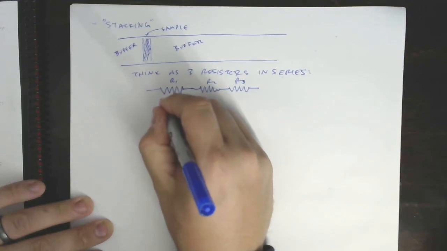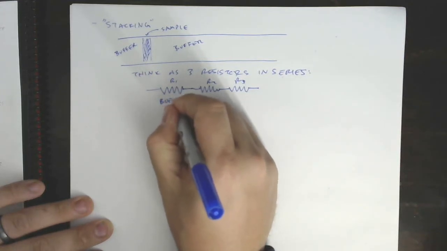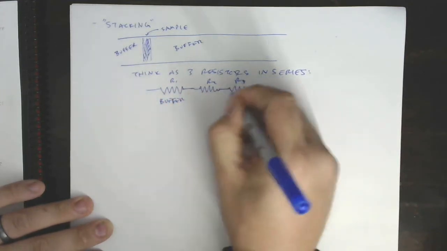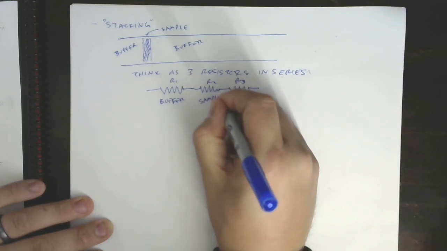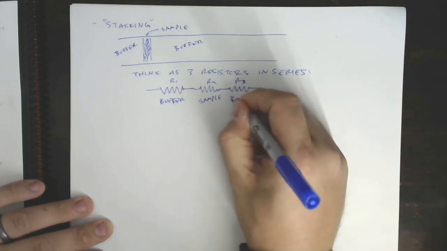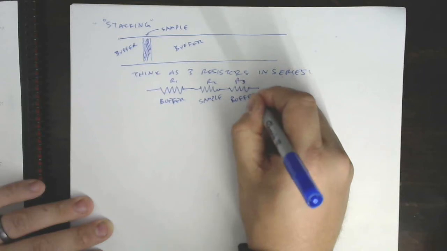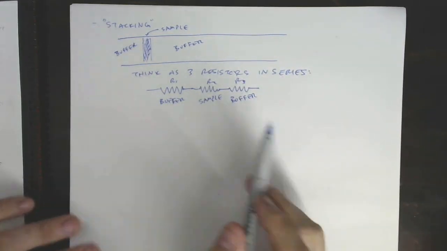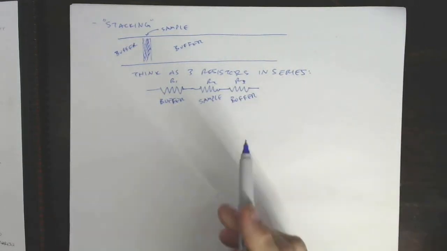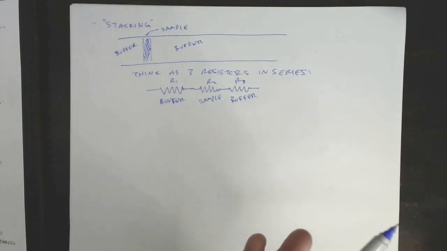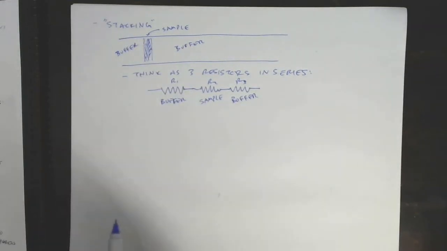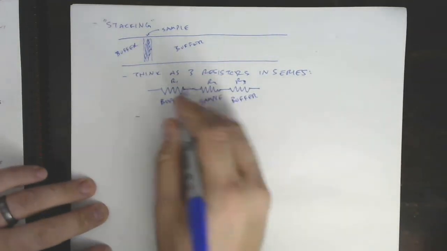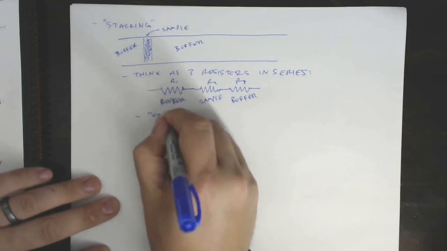And we can think of this as the resistance of that first buffer zone, the resistance of our sample, and the resistance of that second buffer zone. And this circuit, if you have a background in electronics, or if you want to just Google or Wikipedia this to get an understanding of what we're talking about, is called a voltage divider.